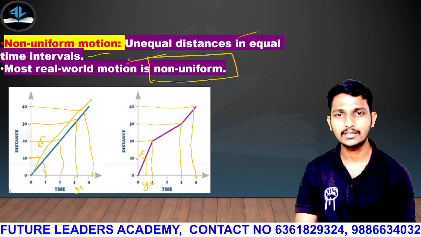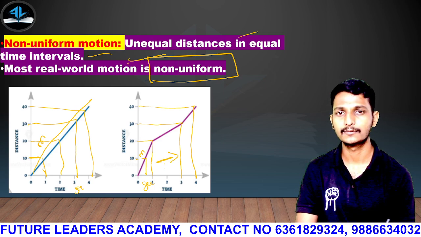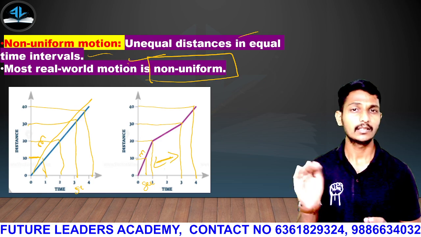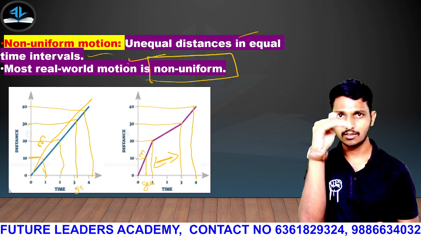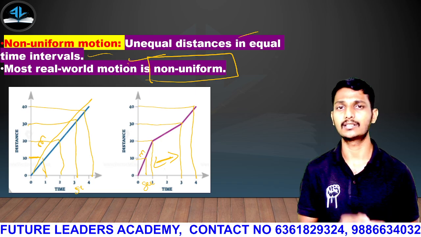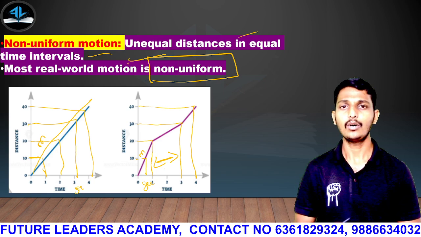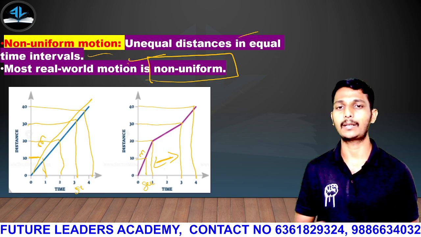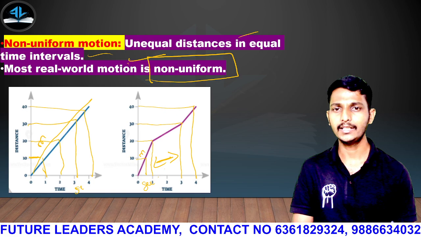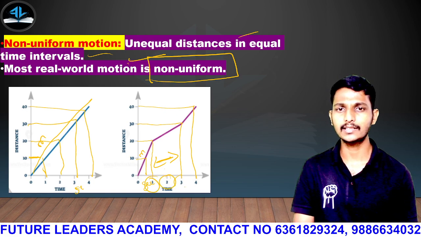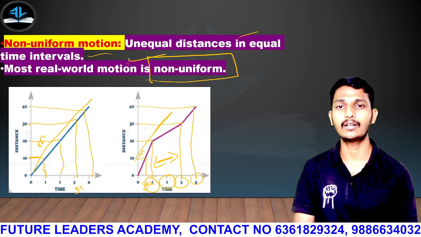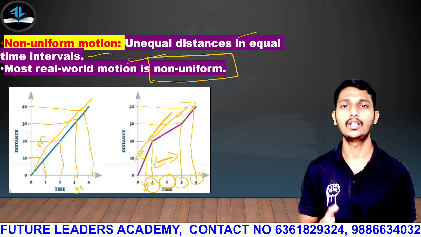Can you see the difference between the distances here? Yes, this is the change in direction, change in speed, change in velocity that can cause non-uniform motion. So unequal distance in equal intervals of time. Time is given the same: 1 second, 2 seconds, 3 seconds, and 4 seconds, but the distance covered is different.